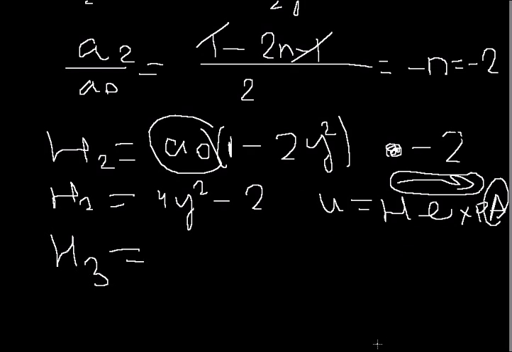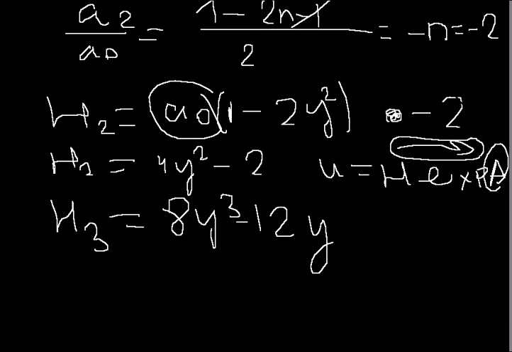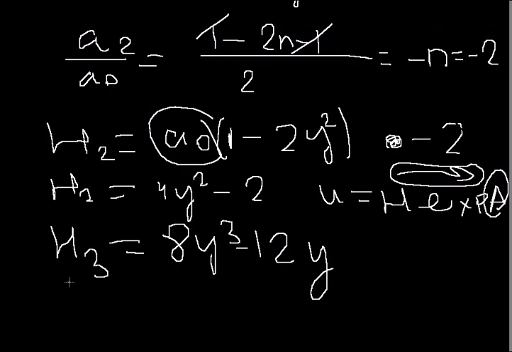The first one is written as 8 y cubed minus 12 y. Why?